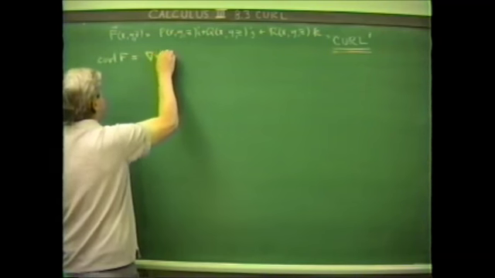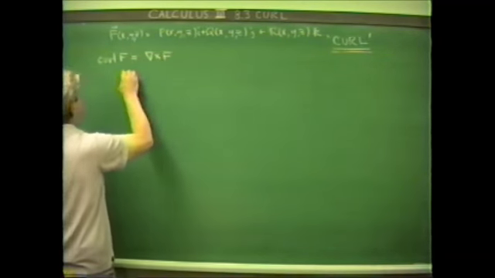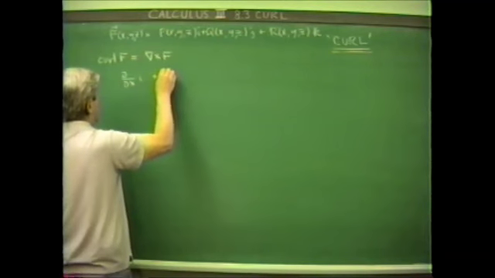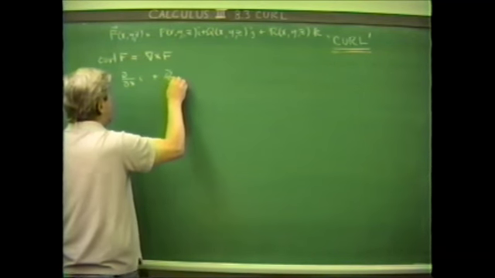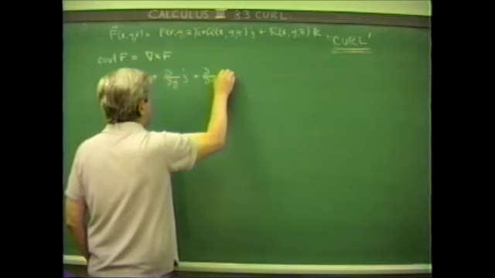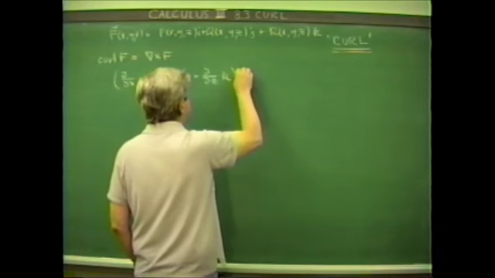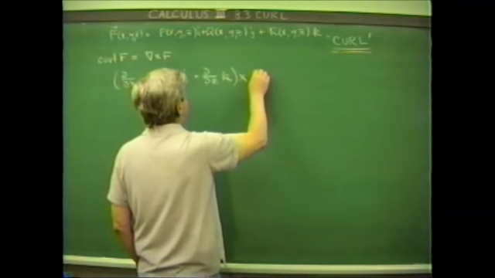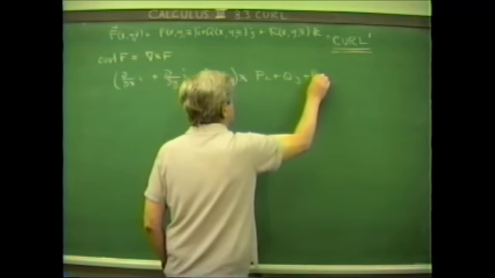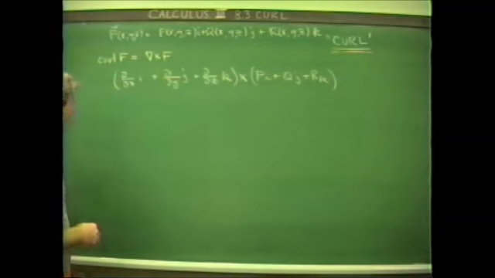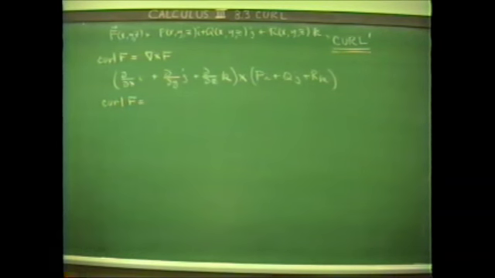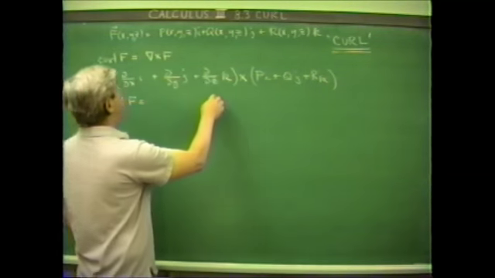or sometimes del cross F, where if you think of del as the partial with respect to x i plus the partial with respect to y j plus the partial with respect to z k, if we cross this with F, formally here, if we think of F now as pi plus qj plus rk, we're going to get curl F. That's to say, curl F is a vector valued function.